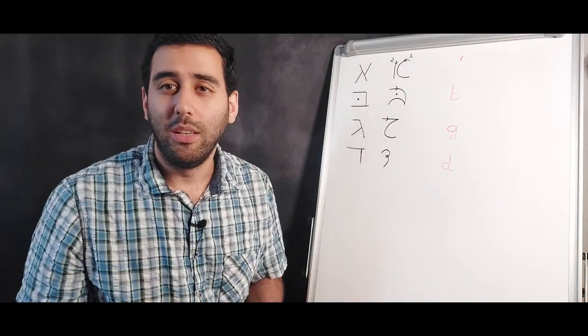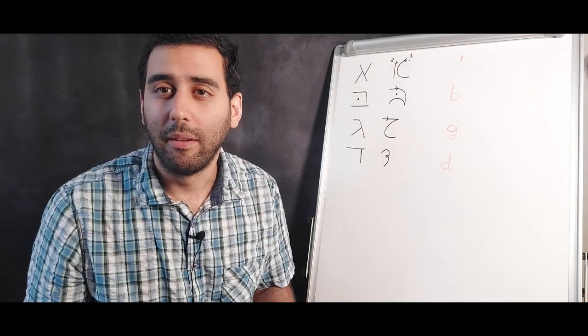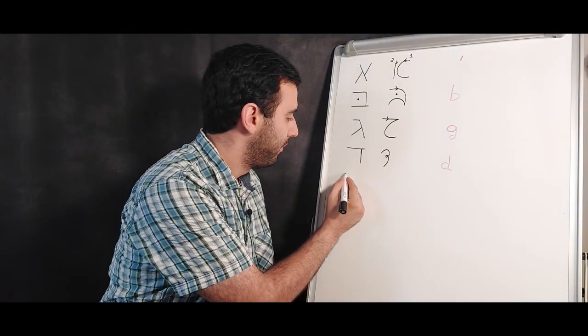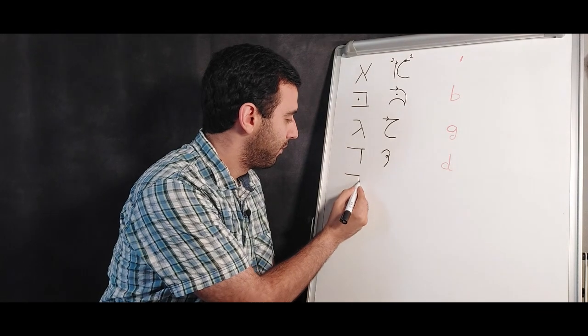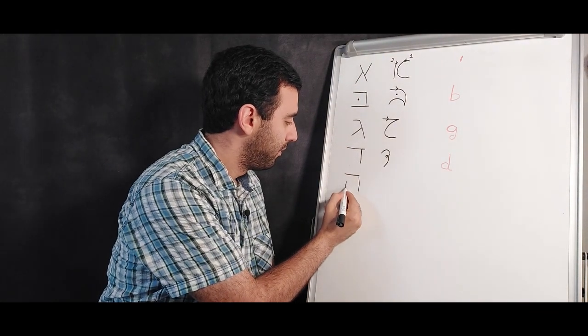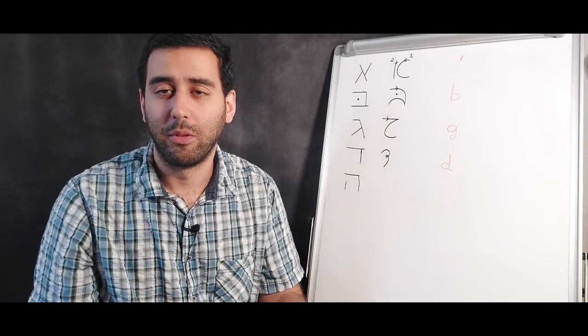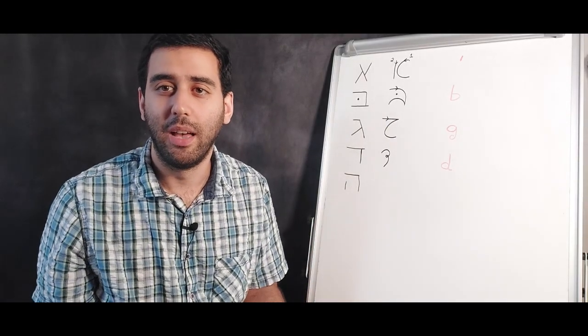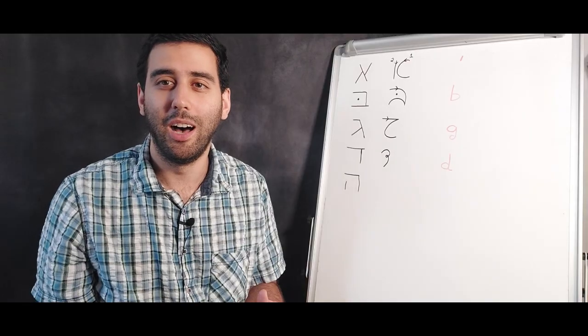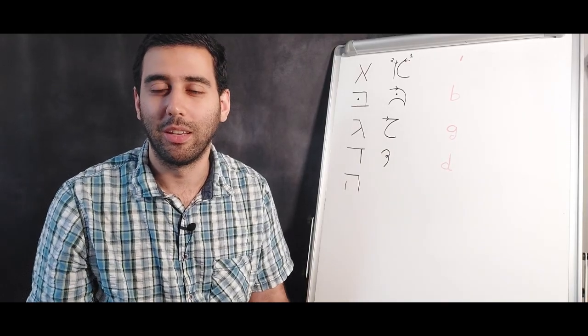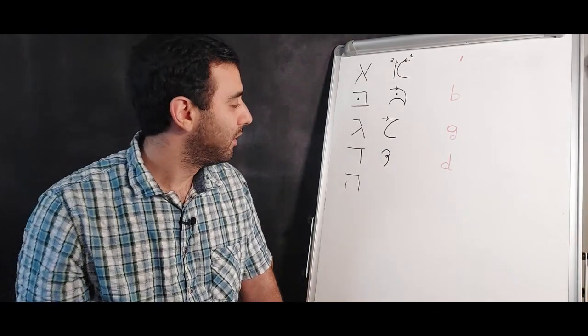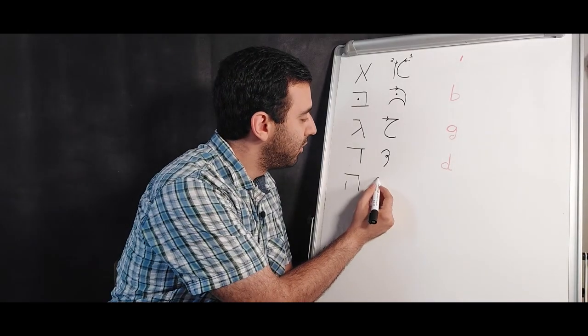The next letter is pretty easy. It is called He. Okay, He. Like when you say "hi," okay? Hi, the H sound. Or when you say ha ha ha, okay? So this is how you can imagine it. And in writing form, it's two curves again.